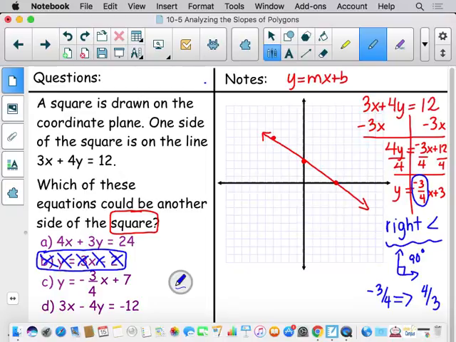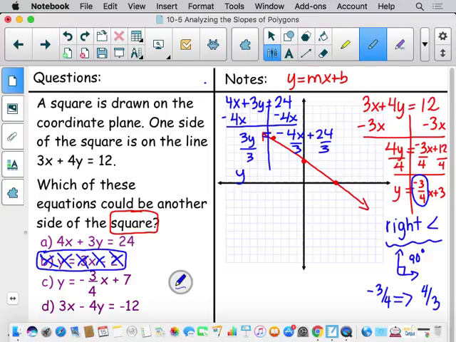The next one, let's see, which other one do I want to try? I guess I could try the first one, 4x plus 3y equals 24. So I'd subtract 4x, 3y equals negative 4x plus 24. And then I divide everything by 3.